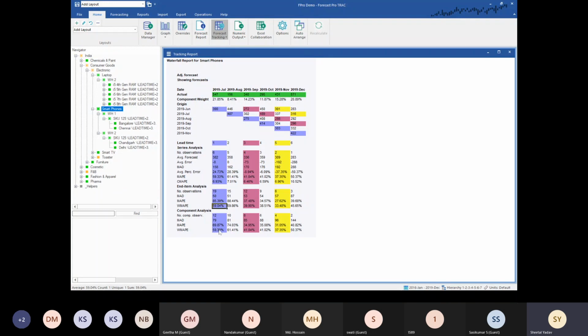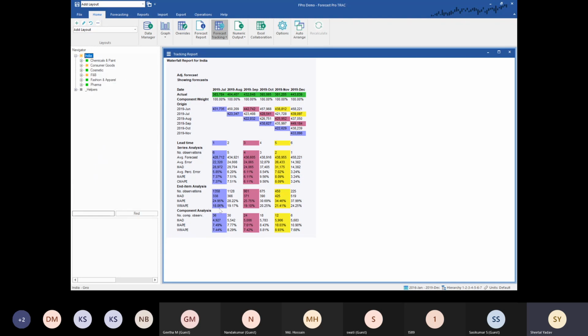That's what the WMAPE represents over here. So this is the waterfall report, and with just one click, if we are at India level, you would be able to see what my end item MAPE and WMAPE are, and what the component WMAPE within the series is. That's the power of the solution that you can see over here.